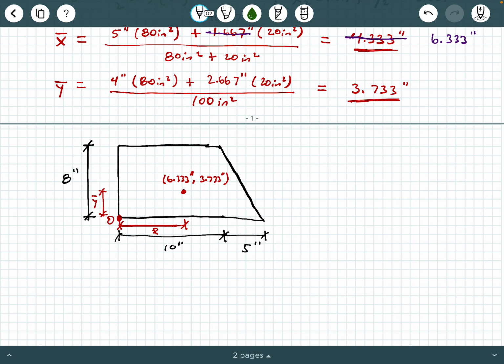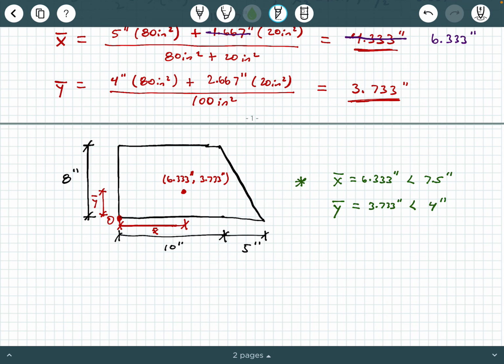So I'll make a little note here just for our reference. Notice that X bar being 6.333 inches is less than 7.5 inches, and Y bar is 3.733 inches, which is less than 4 inches. I just like to note that because it is what we expect.